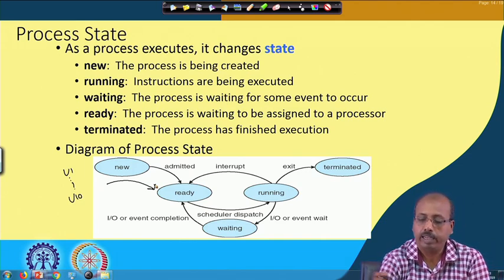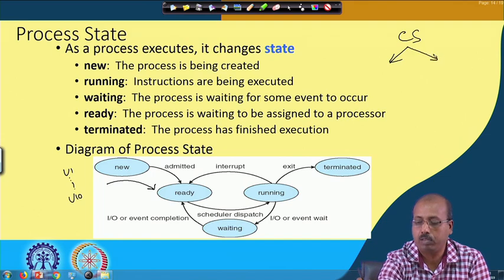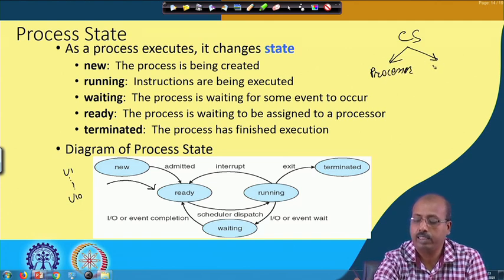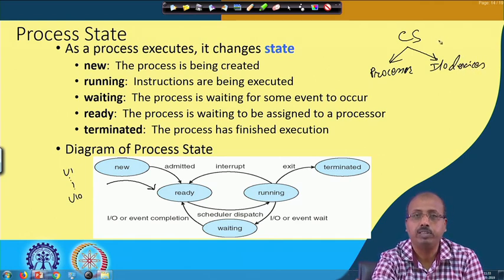Because in a computer system, there are two types of elements that we have. One is the processor, which will definitely be doing the jobs, and the other is the IO devices. Both of them are resources as far as the computer system is concerned.